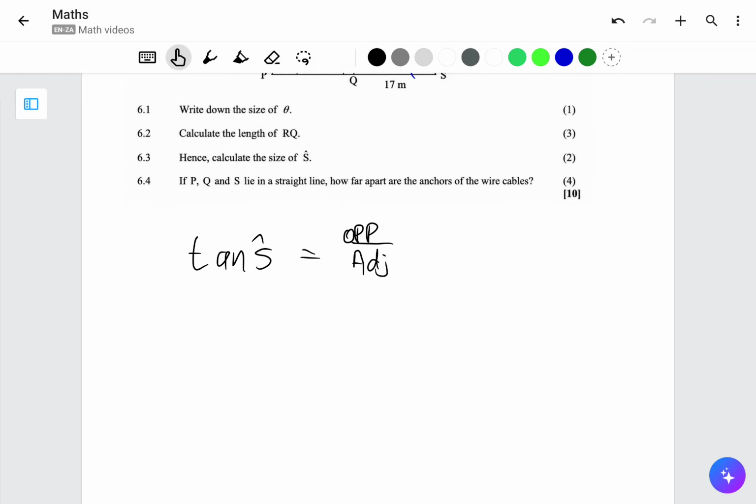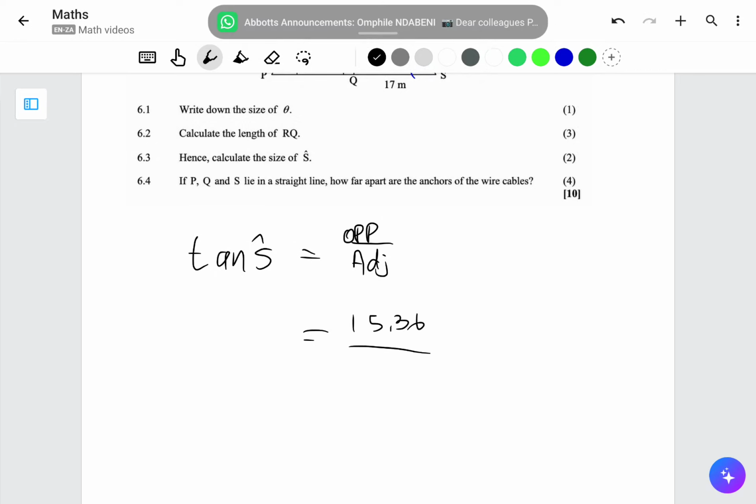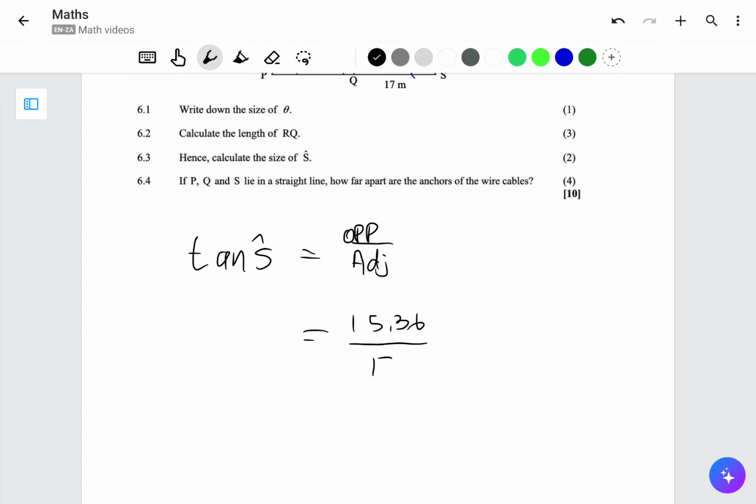Opposite to angle S is 15.36, and the adjacent to the angle is 17. So therefore tan of angle S equals 15.36 over 17.